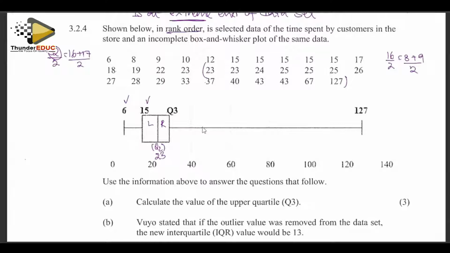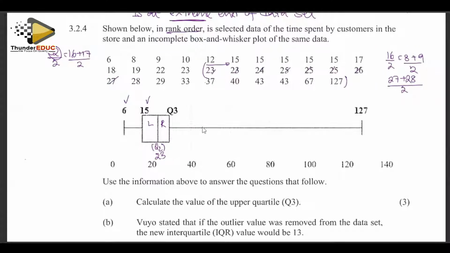So on this side here, going on, I'll count 8 numbers. Say 1, 2, 3, 4, 5, 6, 7, 8. So it's 27 plus 28. You understand? I divided this by 2.